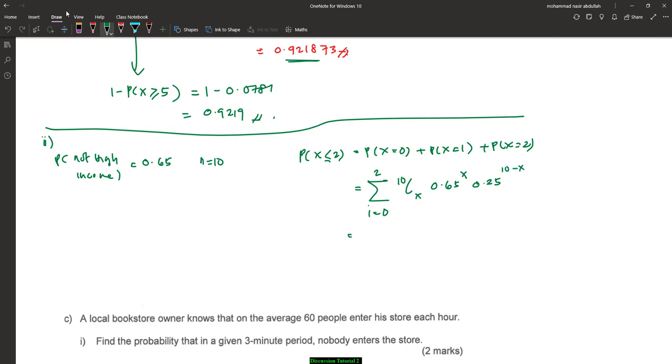So you input into the calculator, you will get 0.004158. So there are 3 zeros in front of 4. Hope you can understand. Right, this is how we answer the question.